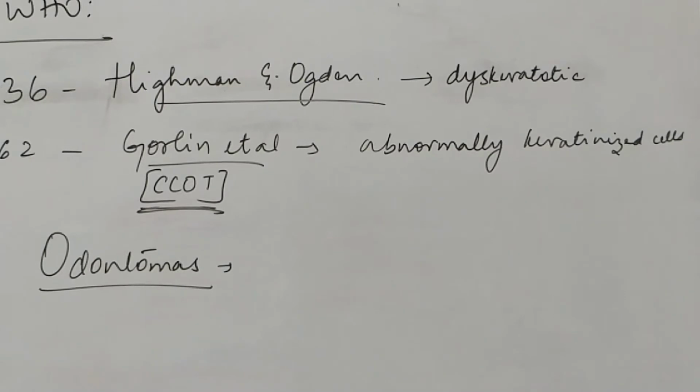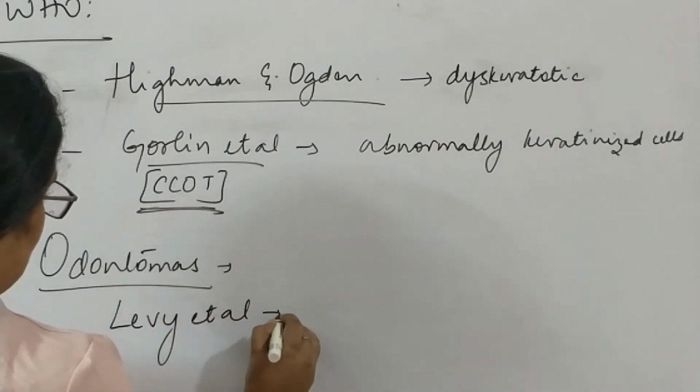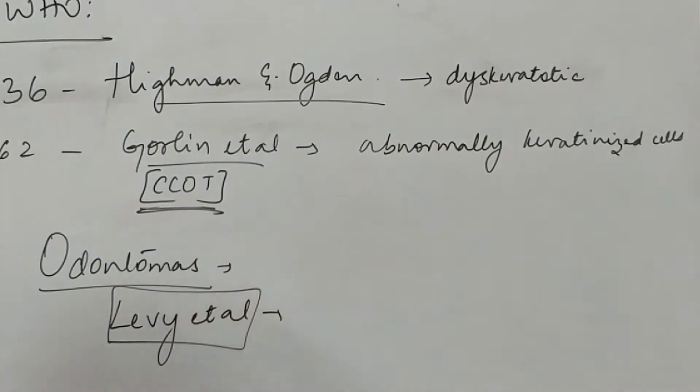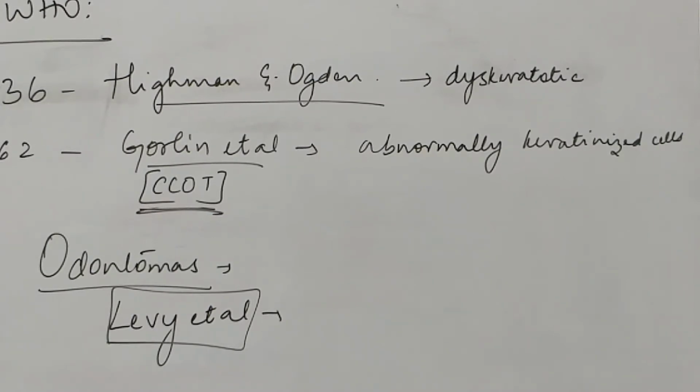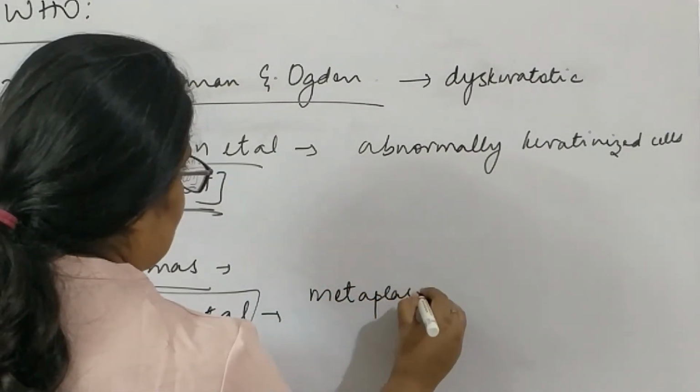In odontomas, according to Levy et al., he had given a different pathogenesis for ghost cells. What he said was, these are nothing but metaplastic transformation of odontogenic epithelium. So he said that ghost cells are a result of metaplasia.